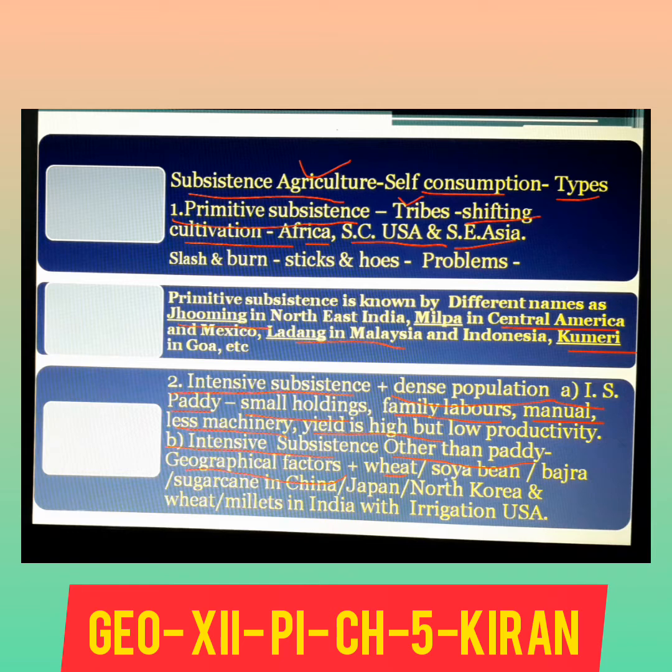Crops like wheat, soybean, bajra, and sugarcane are cultivated in China, Japan, and North Korea, and wheat and millets are cultivated in India with the help of irrigation. In some parts of USA also, this type of agriculture is practiced. It is practiced in areas of high density of population to give food grains to the people.